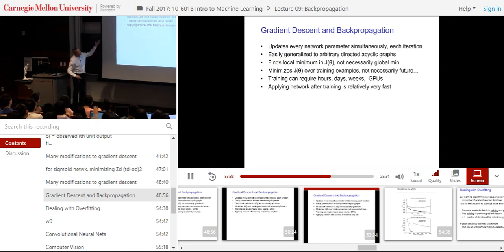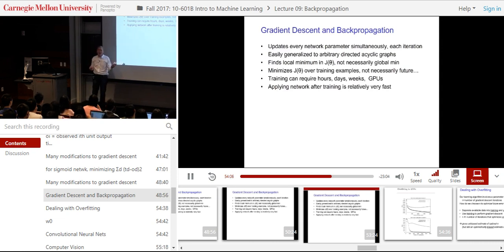Okay. But the good news is, even though it takes forever to train these things, applying them is not usually such a problem. Why? Because all we had to do to apply the network to a new input, in our case, was just a matrix multiplication per layer. So even if I have a 100-layer network, I do 100 matrix multiplications.